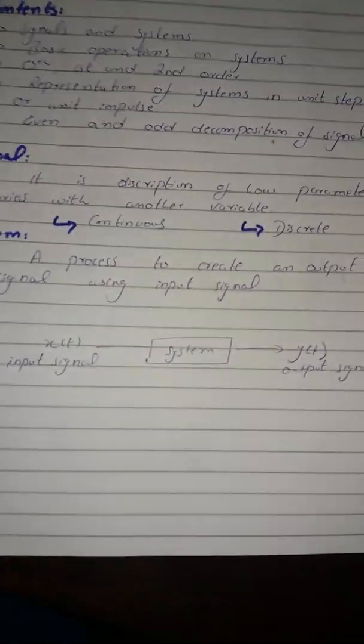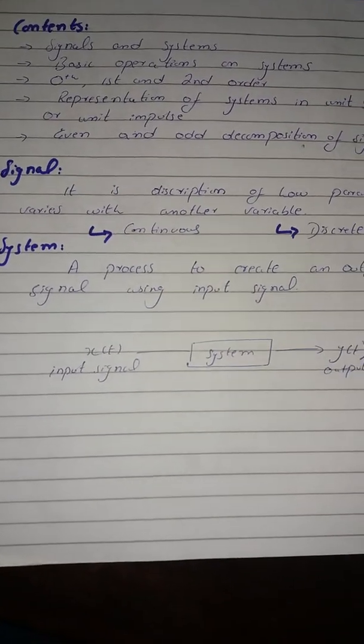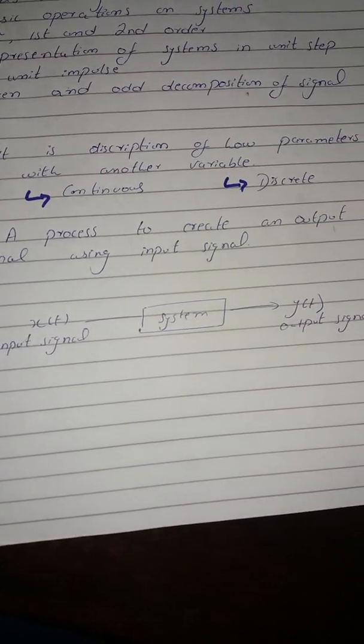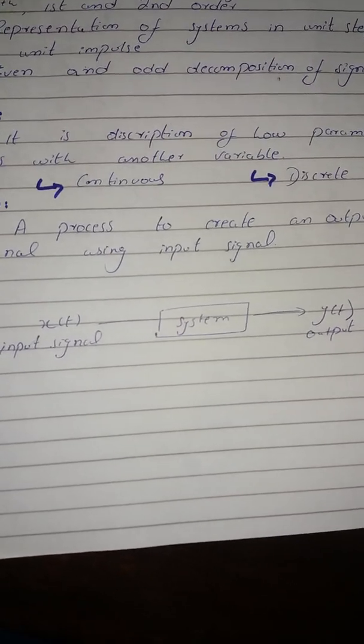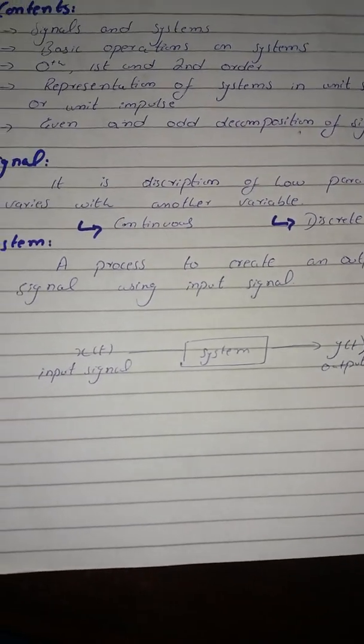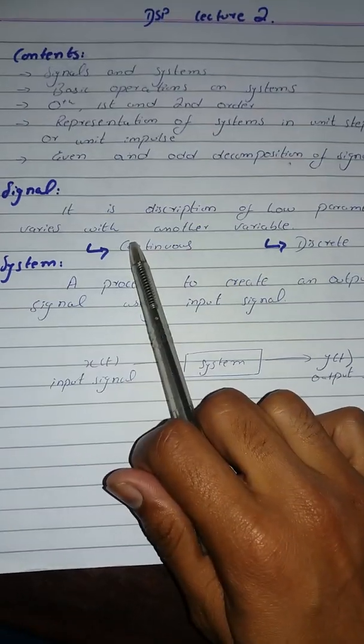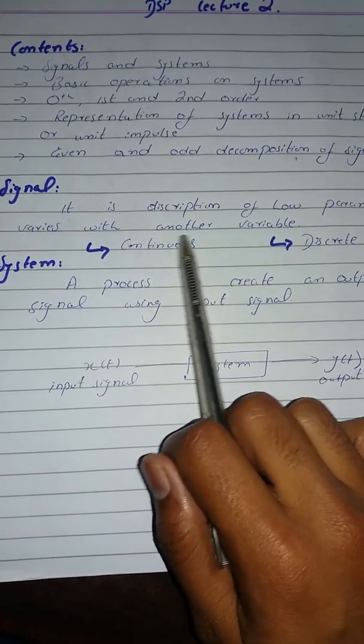In the previous lecture, I gave a brief note about what a signal is, basically, a signal is anything that gives you information about something. But it's a general definition. In DSP, it's a description of how a parameter varies with another variable.